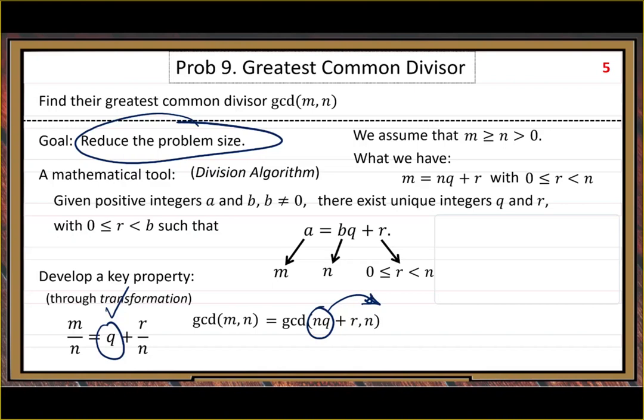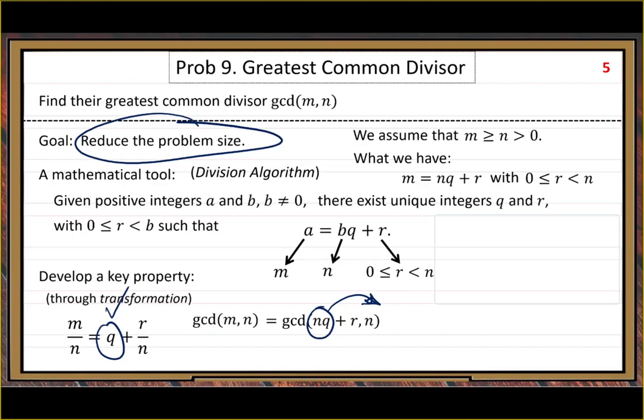Q equals 1, 100, whatever number it is, the common divisor of numerator and denominator has nothing to do with it. Common divisor between m and n, and r and n, nothing to do with that q.